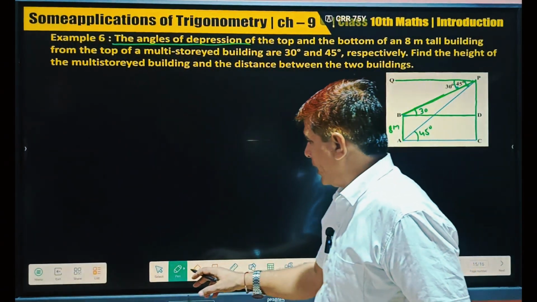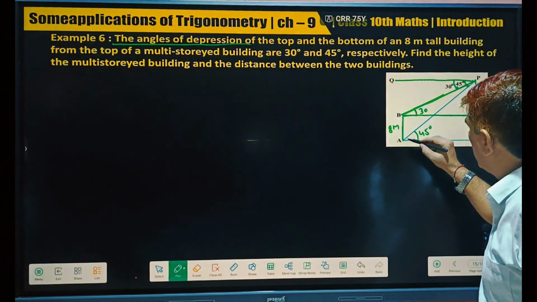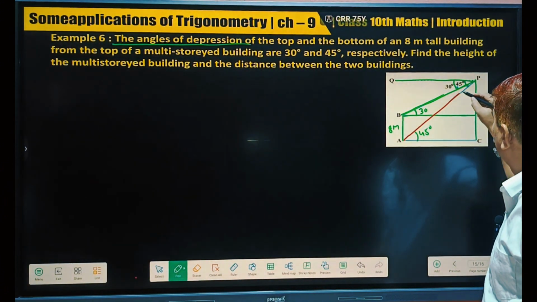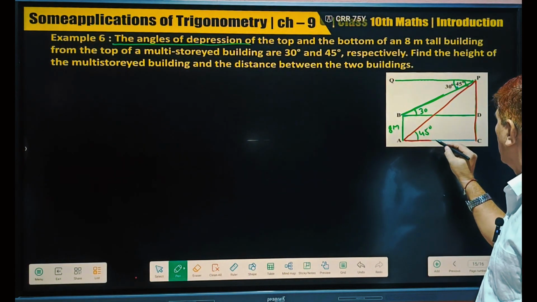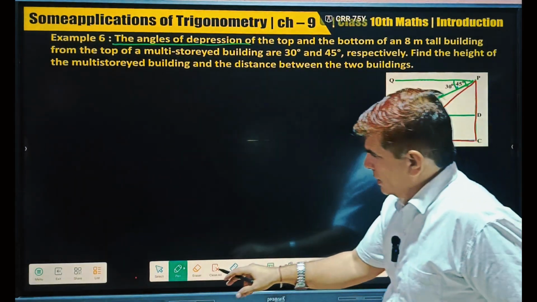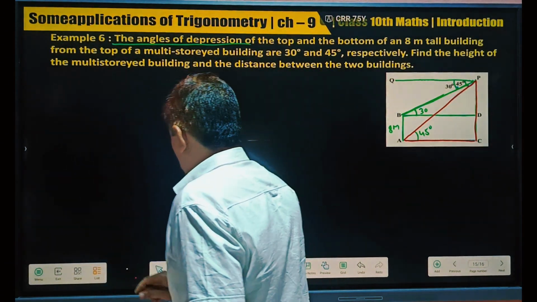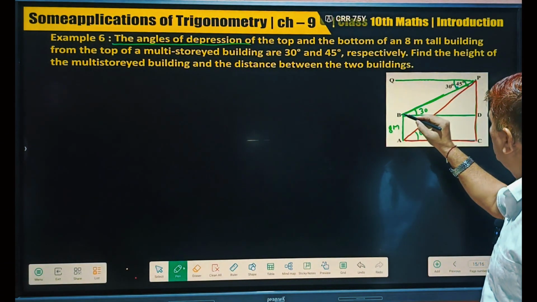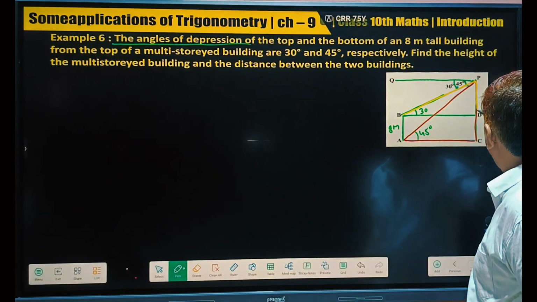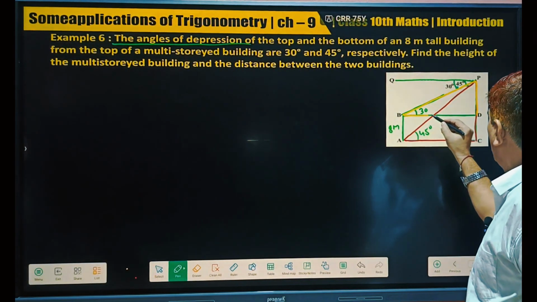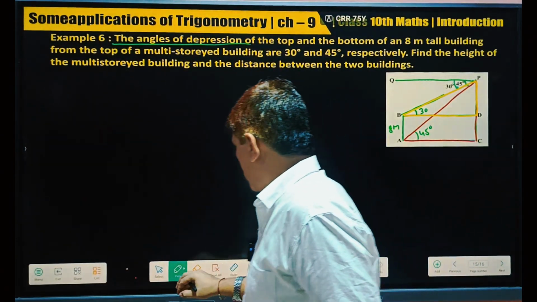Again, what triangles are formed? Two triangles are formed. One is this, and another triangle is this. So we can easily find it out. How do you start?